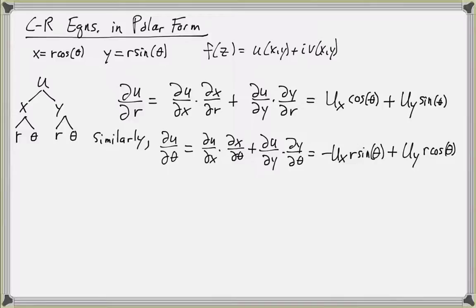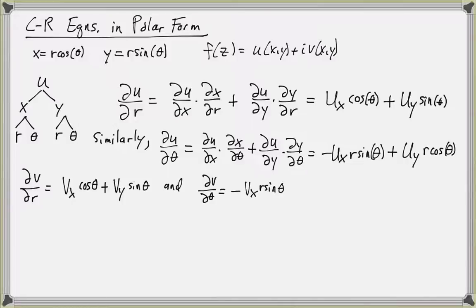The same calculations will follow for the function v, so we can write the derivative of v with respect to r as the derivative of v with respect to x times cosine of theta plus the derivative of v with respect to y times sine theta, and the derivative of v with respect to theta will be negative the derivative of v with respect to x times r sine theta, plus the derivative of v with respect to y times r cosine theta.